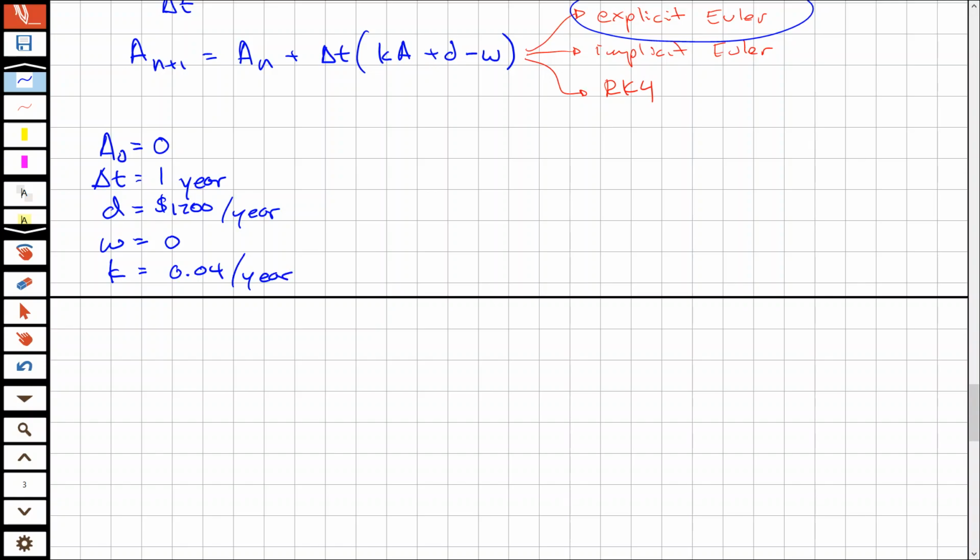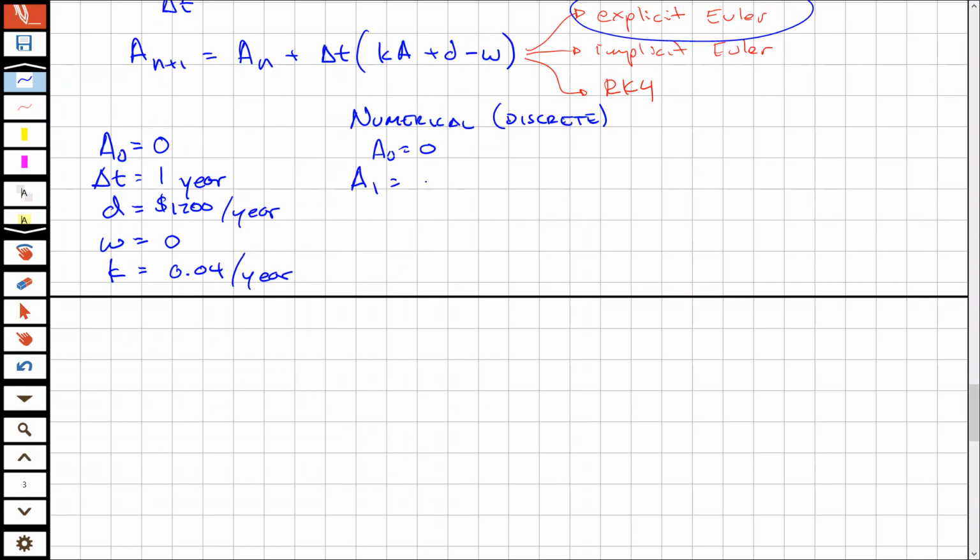Okay, so if we look at this, again, using the numerical, or just discrete, we would say, okay, well, let's set this up. A0 is just going to be 0.